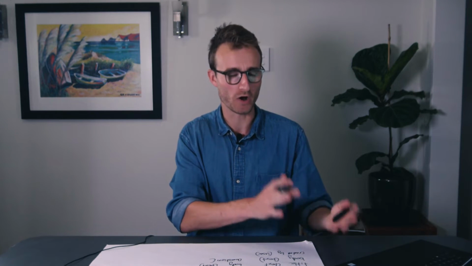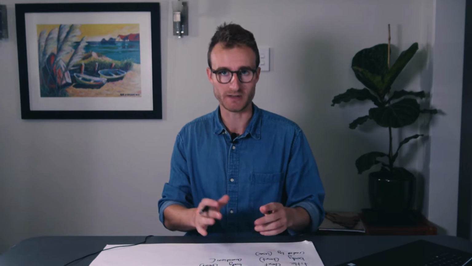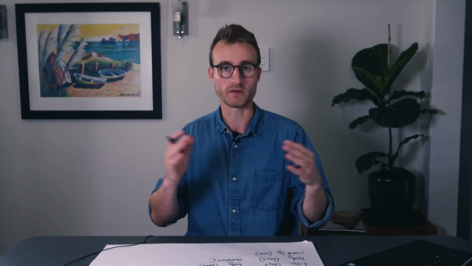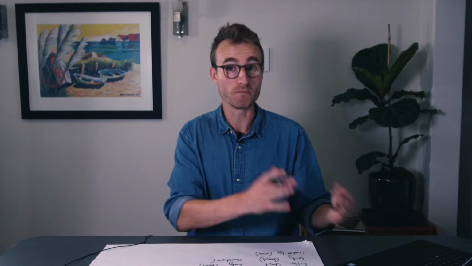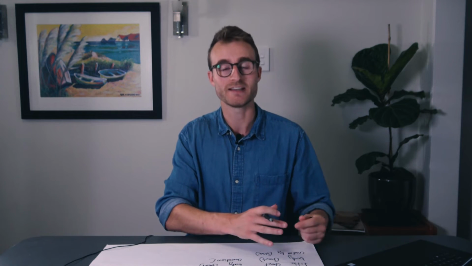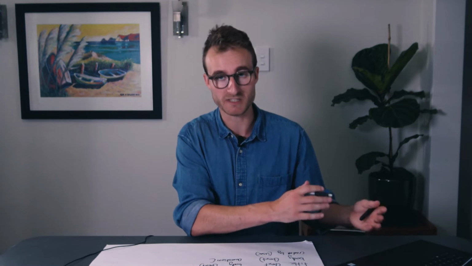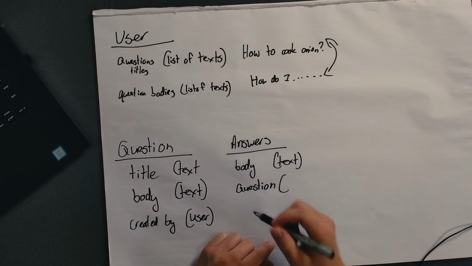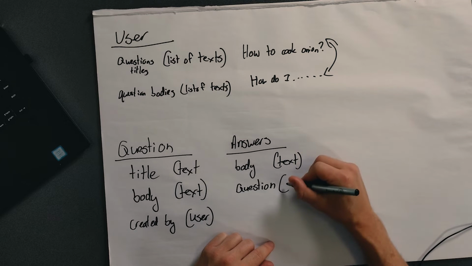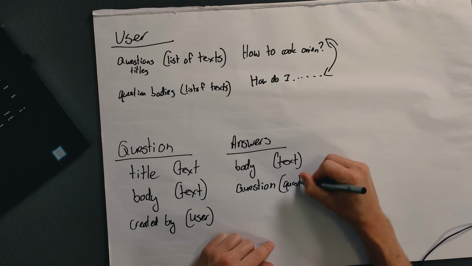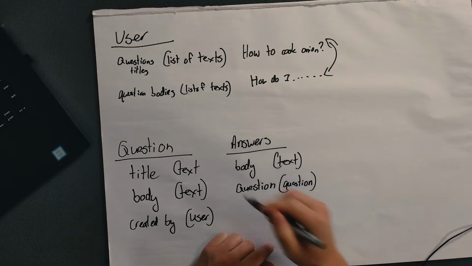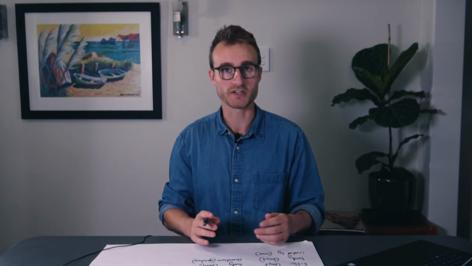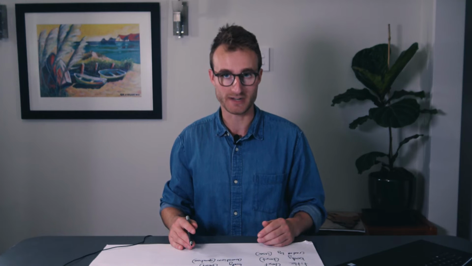And I'm going to use the word object and thing interchangeably here, because in the wider programming world, we're talking about objects, but in Bubble specifically, they're called things. At any rate, our answer is going to have a question as a question field, and that's implying that there's a relationship. So the second question is, what are the relationships between the objects in my database?